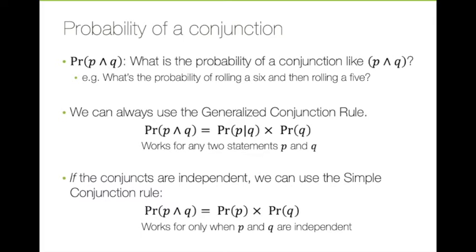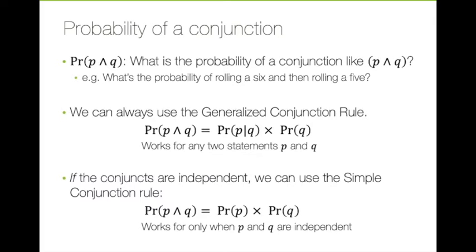So the generalized conjunction rule tells us that the probability of the sentence P and Q, that conjunction, we can get the value of that complex probability by multiplying the probability of P given Q times the probability of Q. When you use this formula, what's important is to make sure you uniformly replace P and Q with the relevant sentences in your problem. So you have to pay some attention to the order.